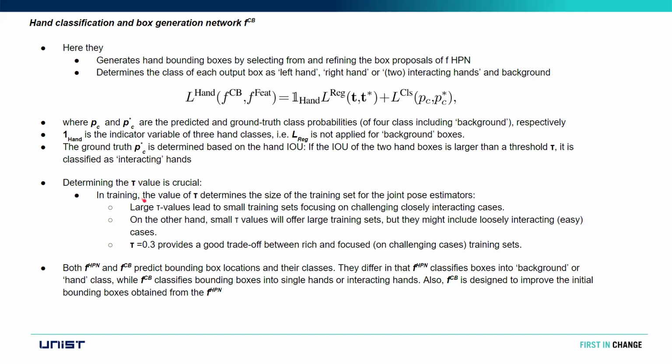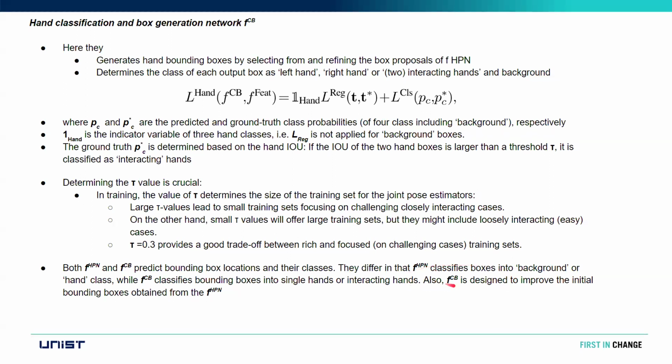So this determines the size of the interacting dataset. For training they use 0.3, and for testing I think they use 0.5, and they say this is a good trade-off for training. Both the proposal network and this classification network predict bounding box locations and their classes.